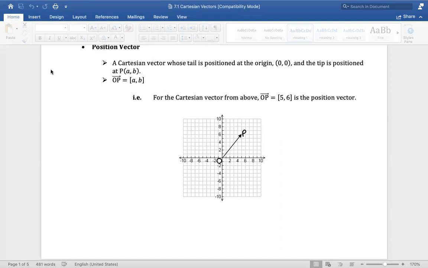So I'm moving 1 unit vector, 2 unit vectors, 3, 4 with arrows, 5. And then I'm moving up 1, 2, 3, 4, 5, 6. So you can see how we can take each unit and turn it into whether it was a Cartesian vector or a position vector.